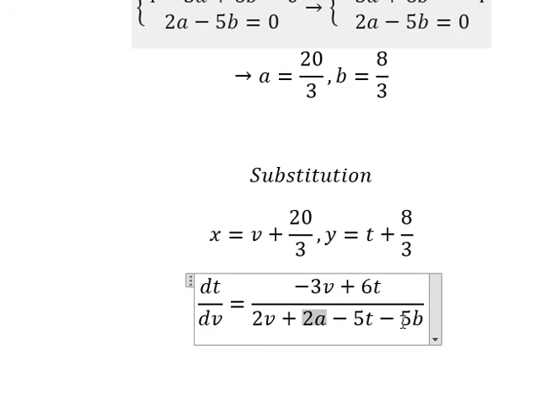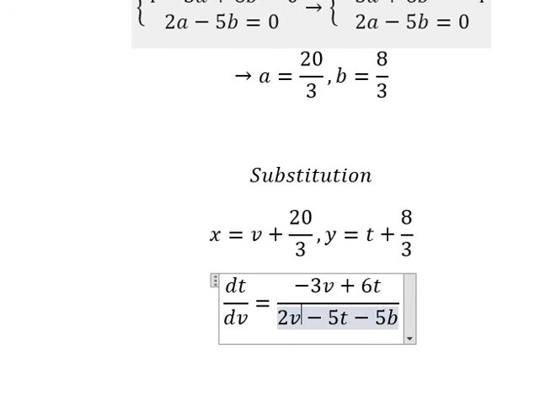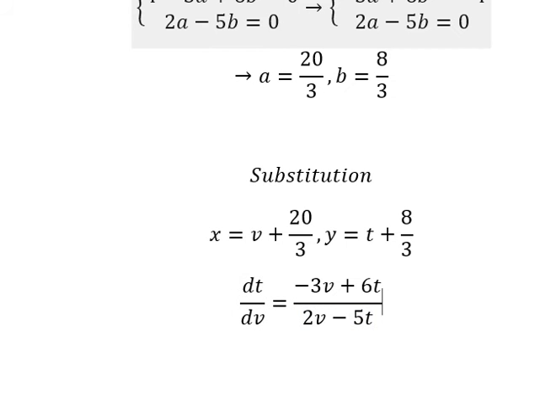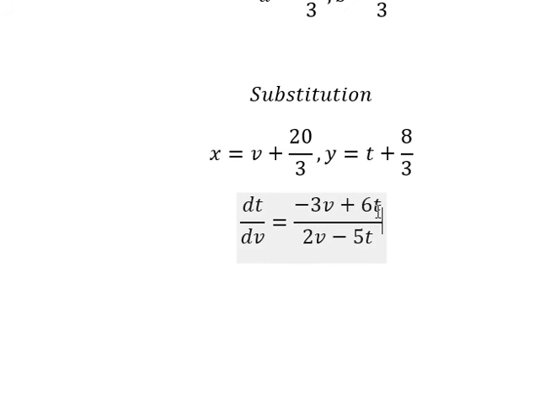Similar for 2a minus 5b. Now we have v and t in here. They are degree number 1. So that is homogeneous.